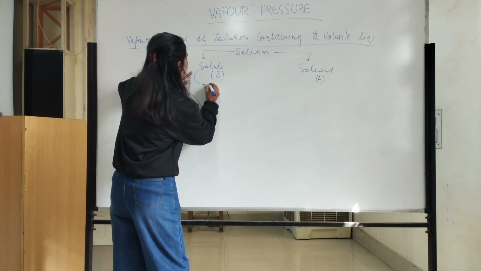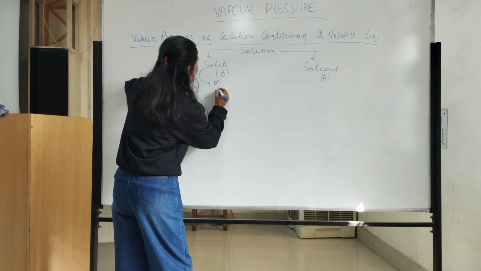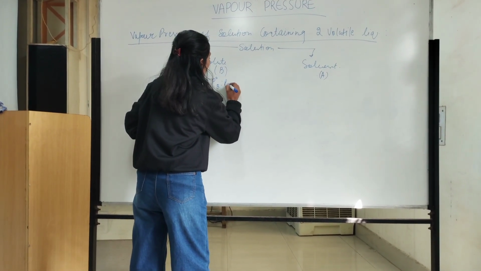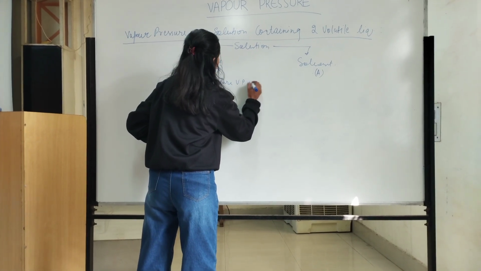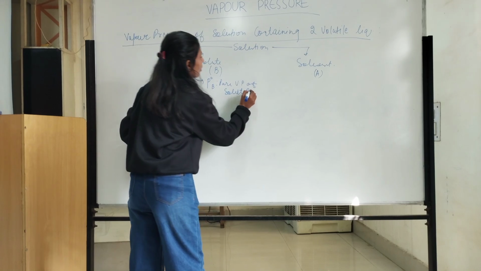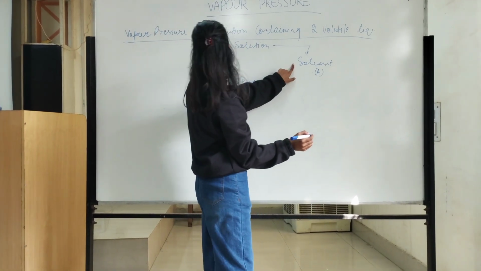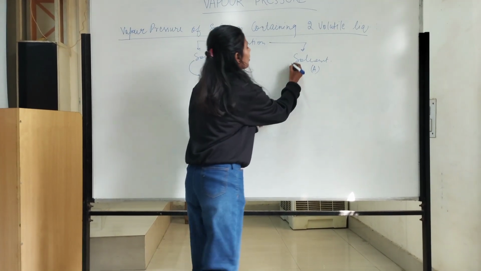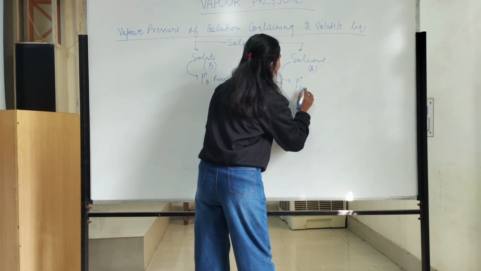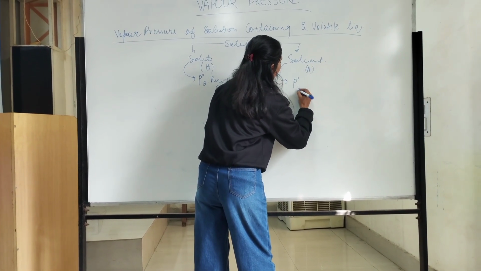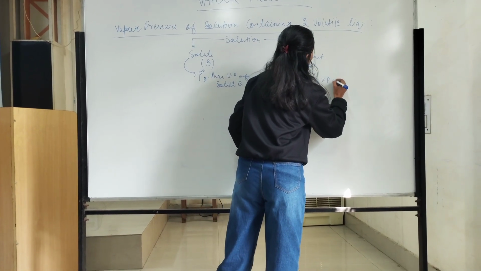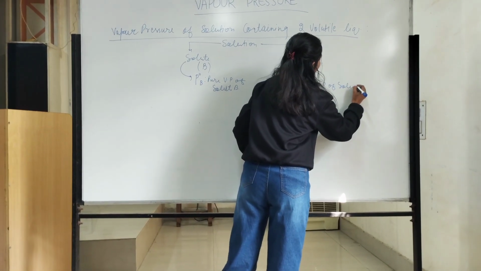It will be P naught B, the pure vapor pressure of solute B. What will be the vapor pressure of solvent? It will be P naught A, the pure vapor pressure of solvent particles.